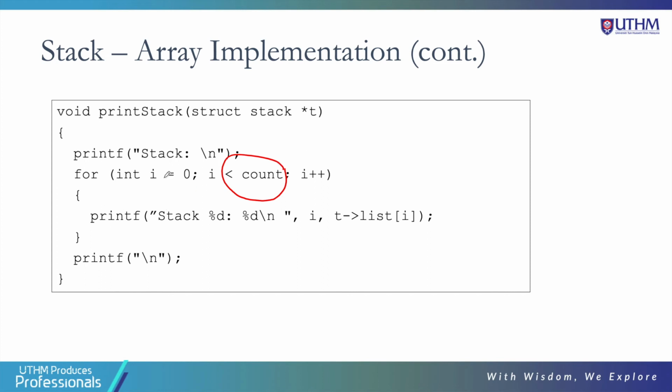So I equal to 0, I less than count, I plus plus. It will display stack I, following this one. Stack 0 equal to t list 0. And that will go up until the latest value of count.